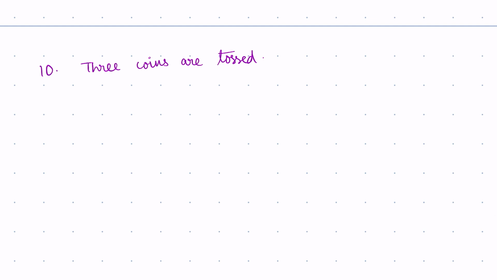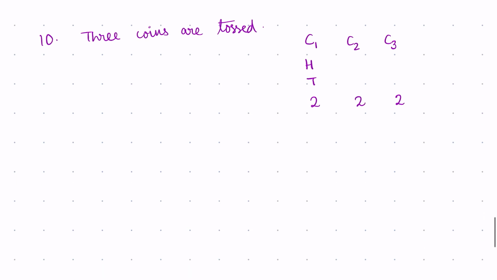Just pause the video and try to figure it out. Let's say there are 3 coins, C1, C2, C3. Coin 1 can be heads or tails, so there are 2 possibilities. Similarly, coin 2 and coin 3 also have 2 possibilities each. So in all, there would be 8 possible outcomes.